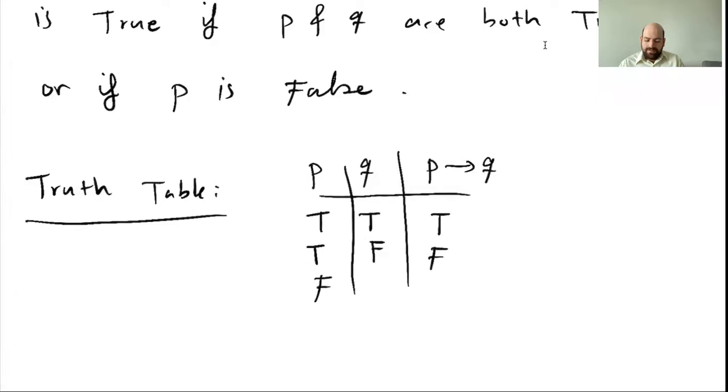But if P is false, then P implies Q will be true, regardless of whether Q is true or false. In other words, from a false statement, I can conclude a true or a false statement, so the overall compound statement will still be true.